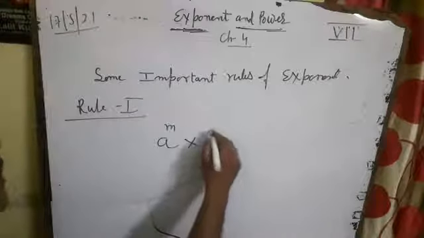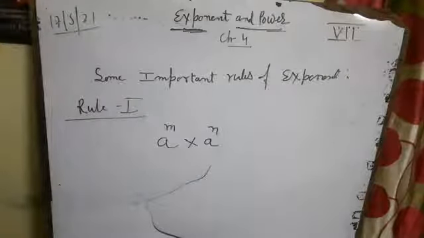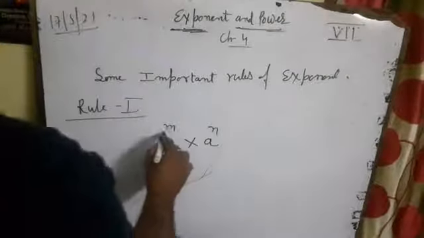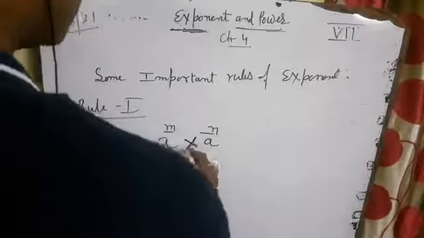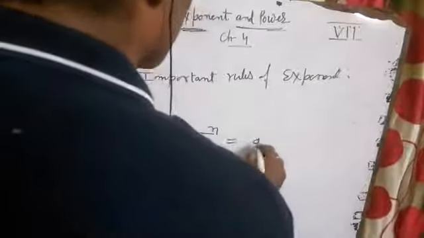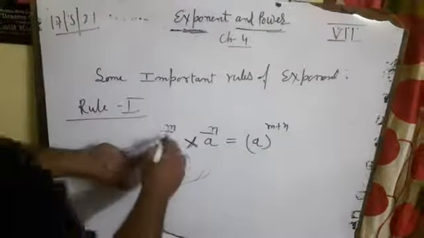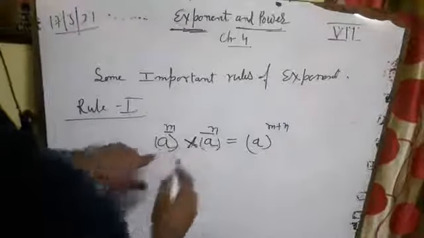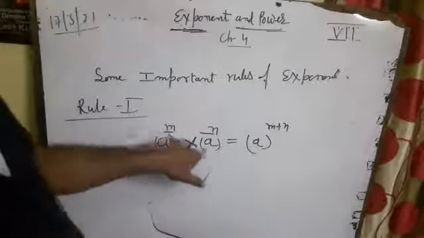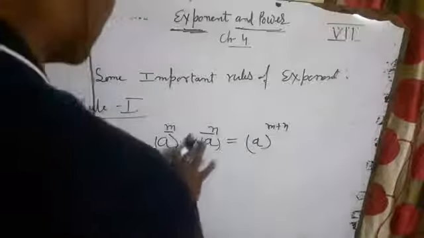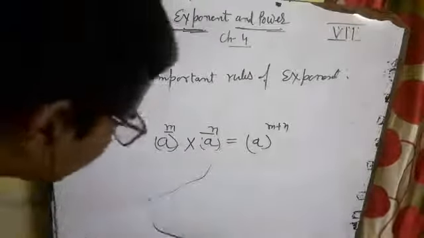Another number A is the base, N is the power. If the base is same and the power is different or same, in the form of multiply, the power will be added: A to the power M plus N.